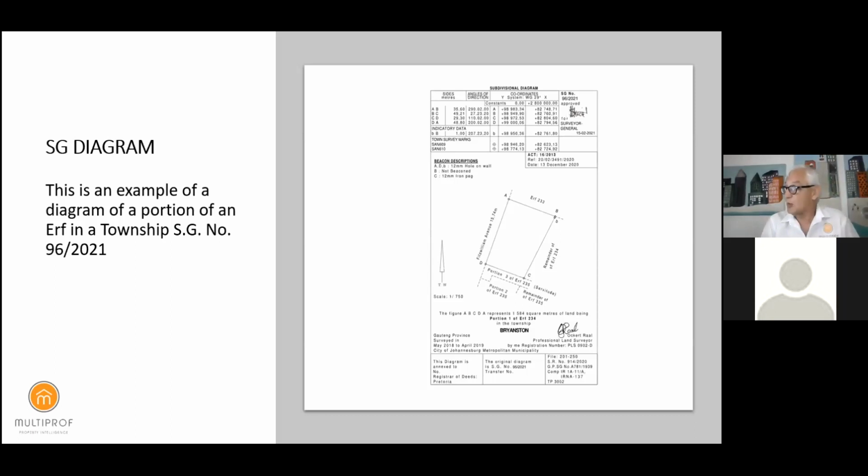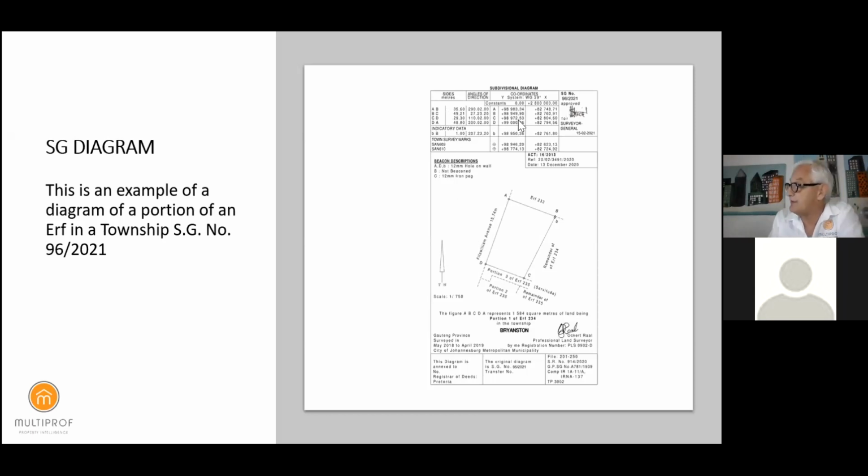And of course, if you make a presentation to a potential buyer that this is the property that he's buying, and it would show later that portions of that does not belong to the seller, but that he has moved the fences, that also is a misrepresentation, and therefore it is of utmost importance to get a copy of the SG diagram.